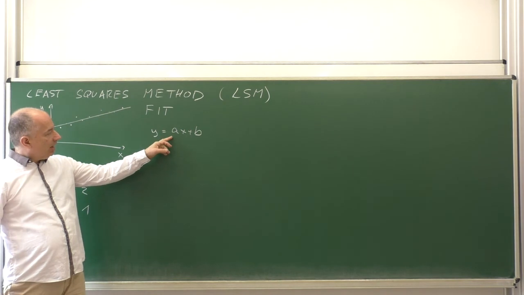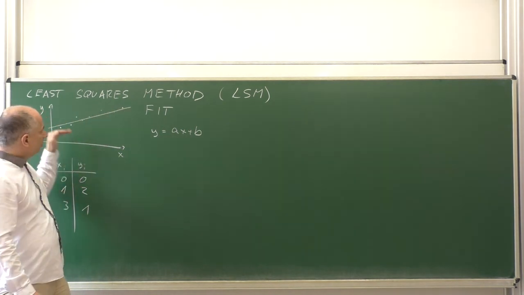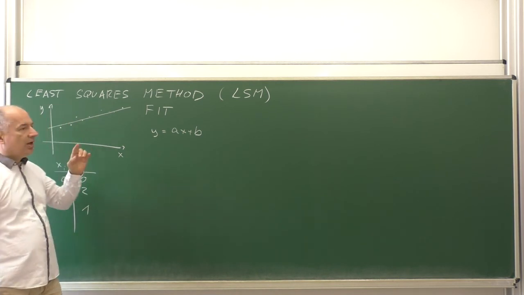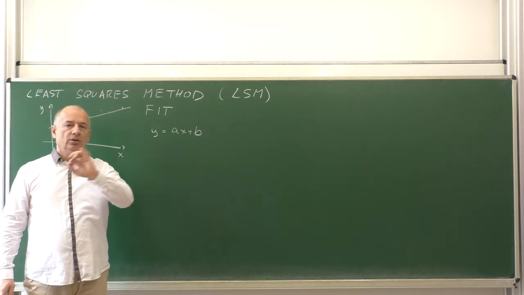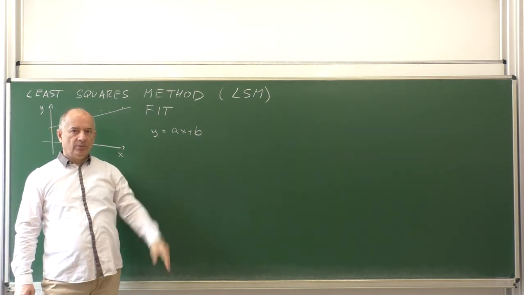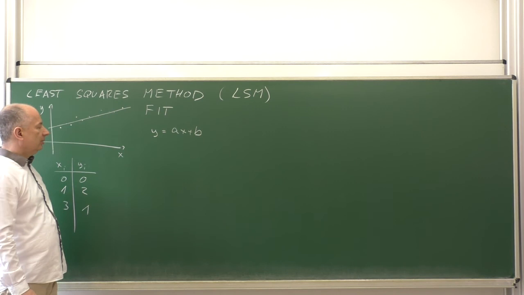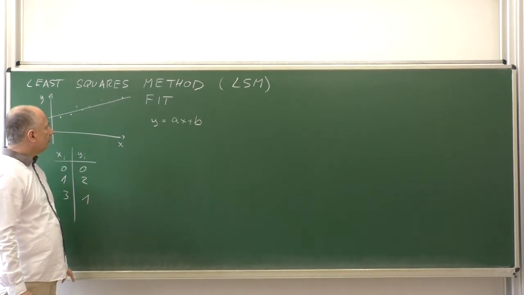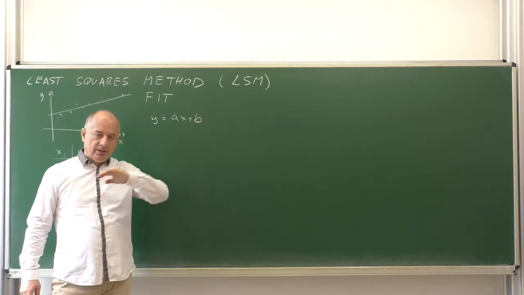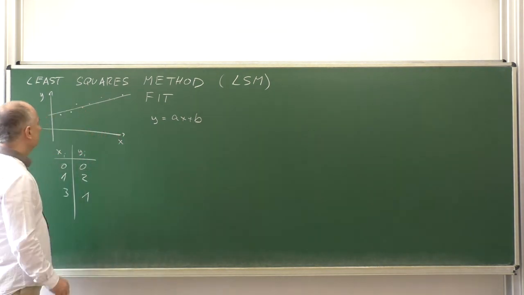And we want the line to go close to the points. In a typical case, the points are not aligned, not exactly on one single line. Some are a little up and sometimes a little down. And we want to find the best line approximating these points.